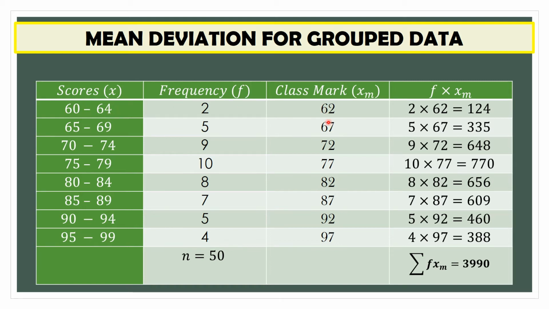So, here we have 62, 67, 72, 77, 82, 87, 92, and 97. After that, on the last column, multiply the frequency by the class mark.